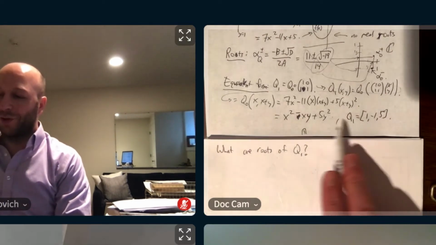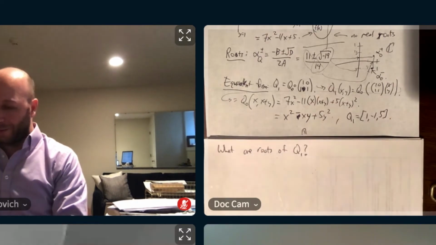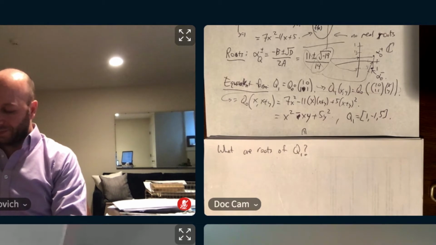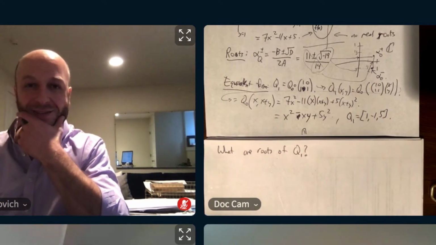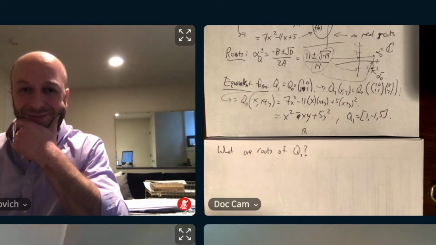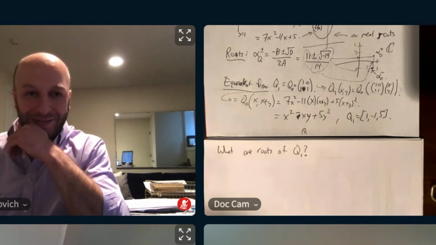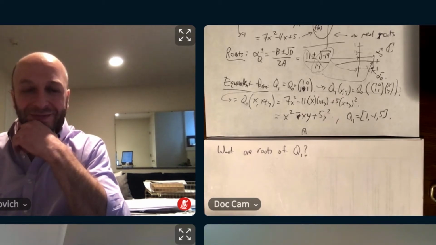Compute the roots of Q1. In other words, set y equals 1. What are the roots of this polynomial? And when you have the answer, just say got it in the chat. When enough people have written got it, that's how I know to go on.